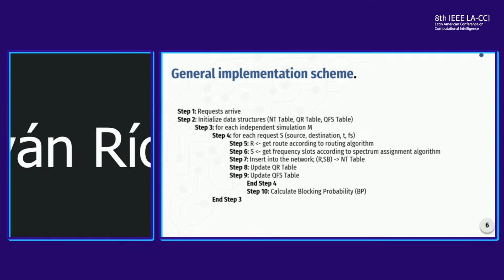Step 6, get frequency slots according to spectrum assignment algorithm. Step 7, insert into the network, and then update QR and QFS table, and then we finish step 4. And then we calculate blocking probability, and then we finish step 3.